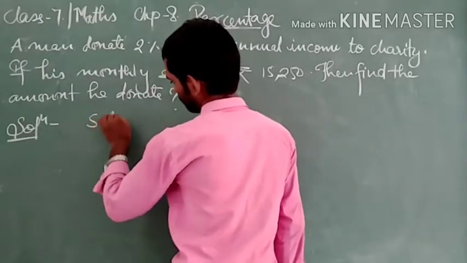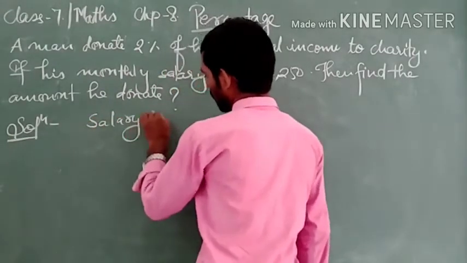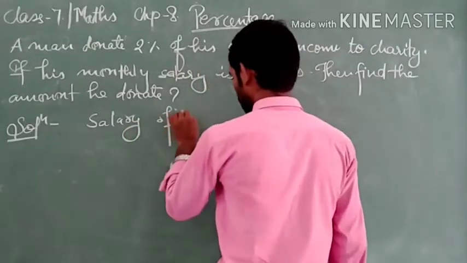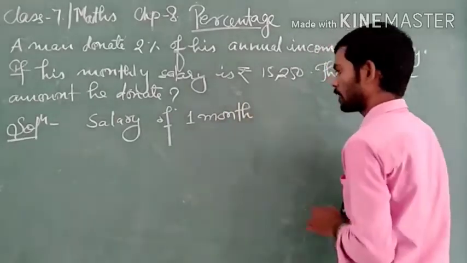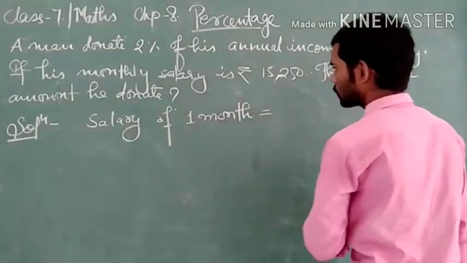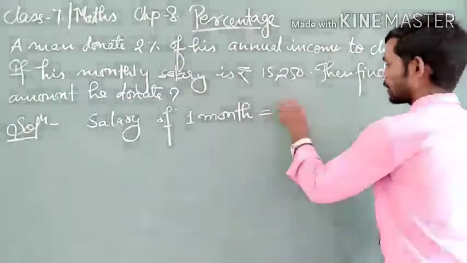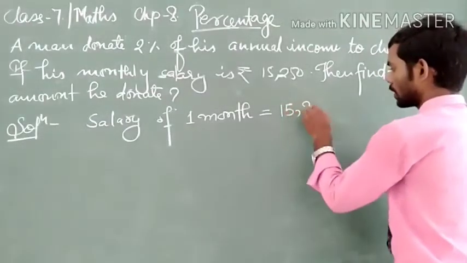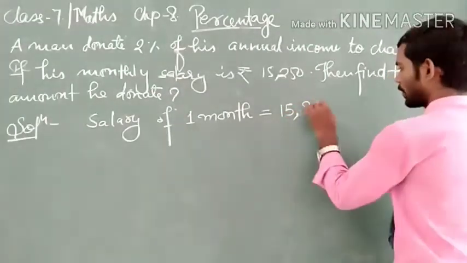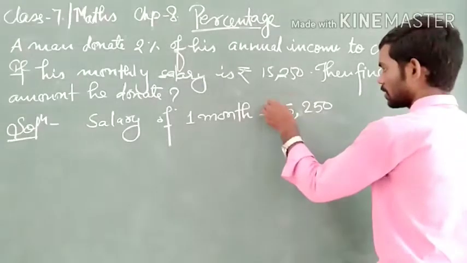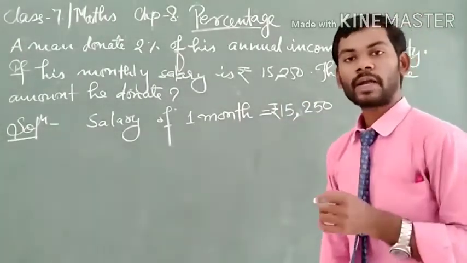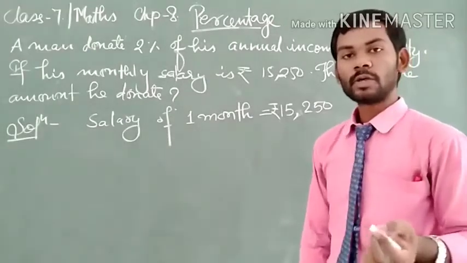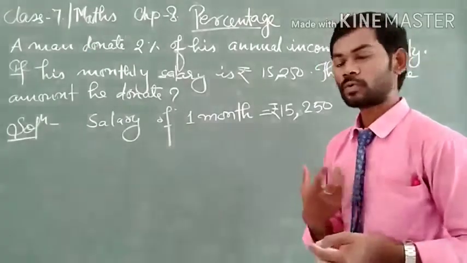Okay, so here first we write in the solution that the salary of 1 month is equal to 15,250 rupees. This is the monthly salary, so that we can find his annual income, or salary of 12 months.